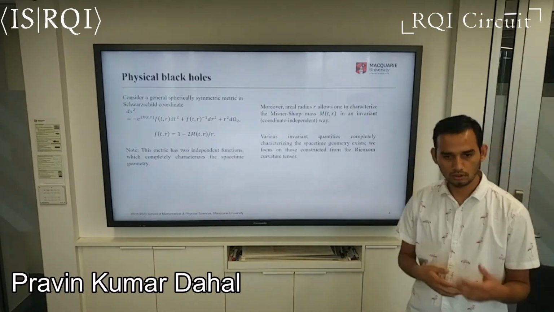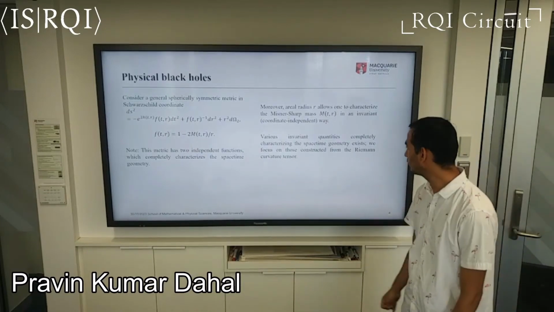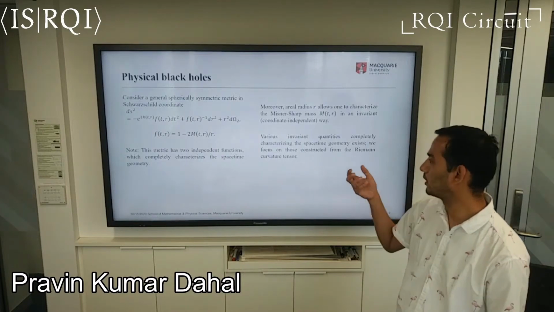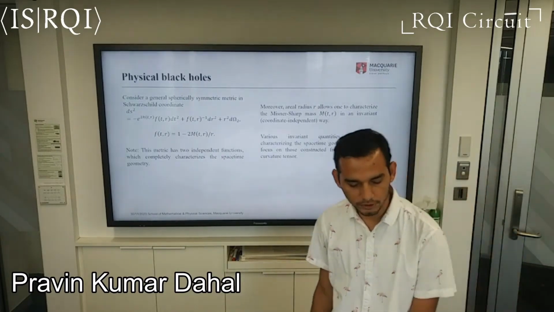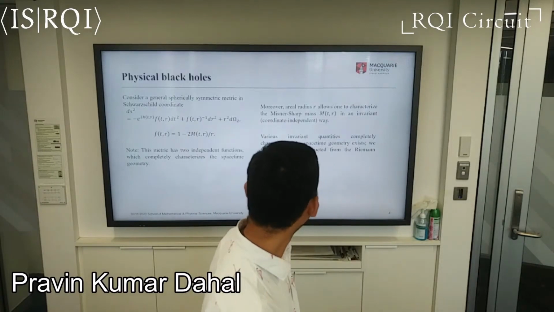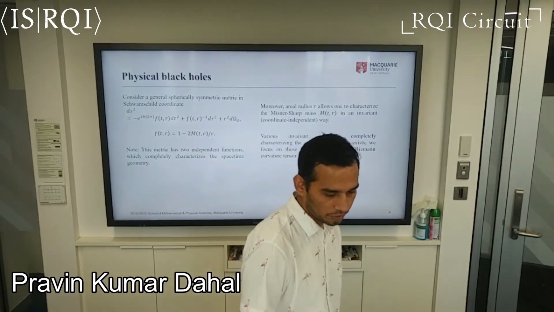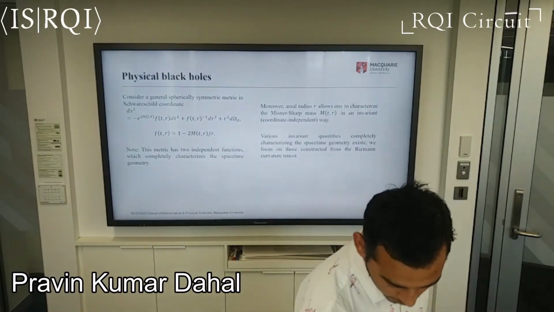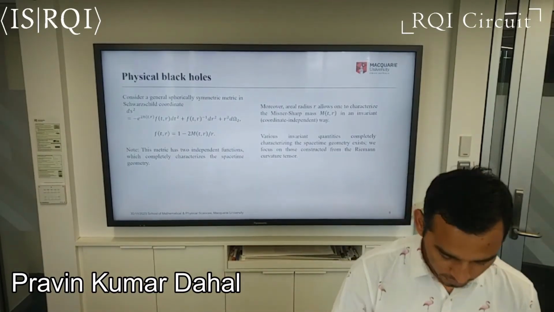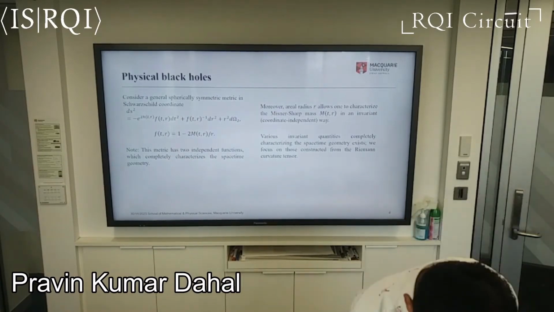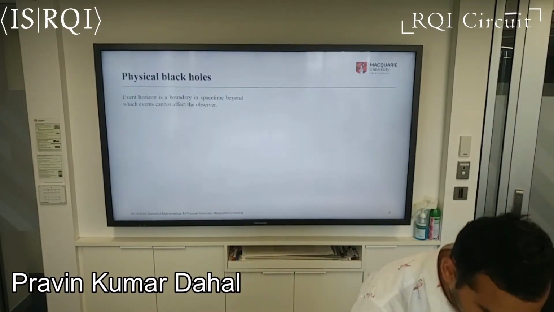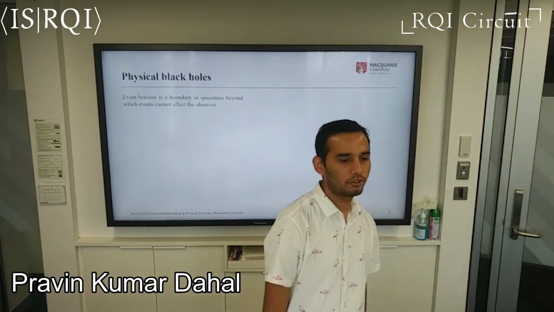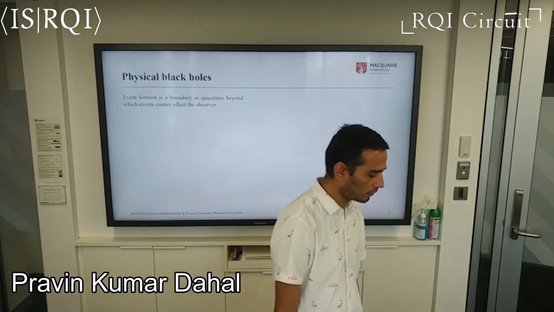We can construct a lot of invariant quantities, and depending on the generality of our spacetimes, like spherically symmetric or axially symmetric spacetimes, some number of these quantities are sufficient to constrain, or characterize, the spacetime geometry.